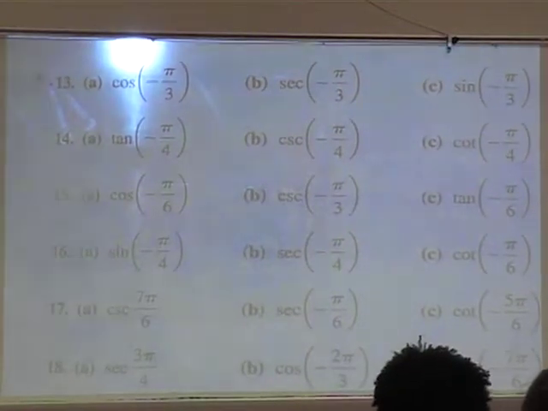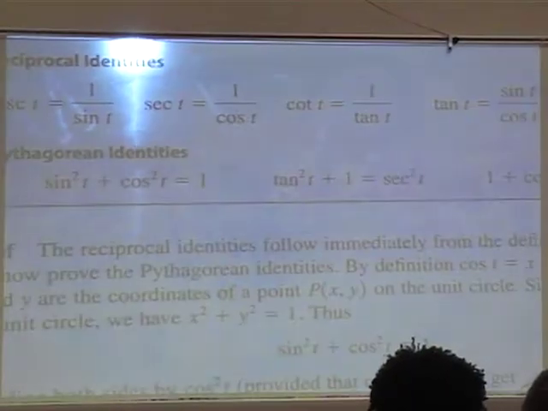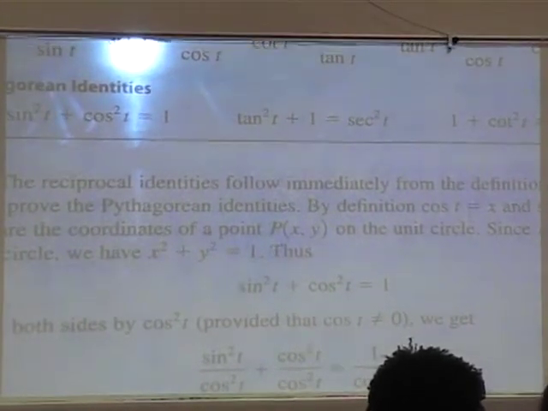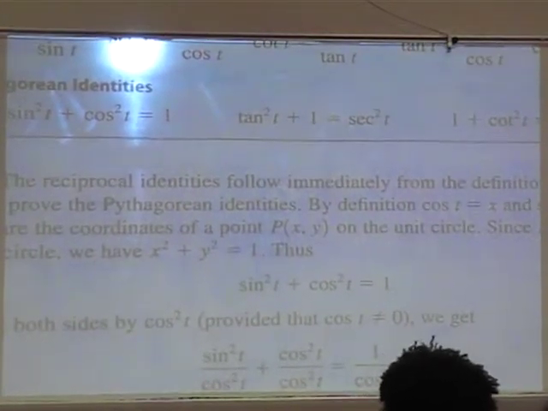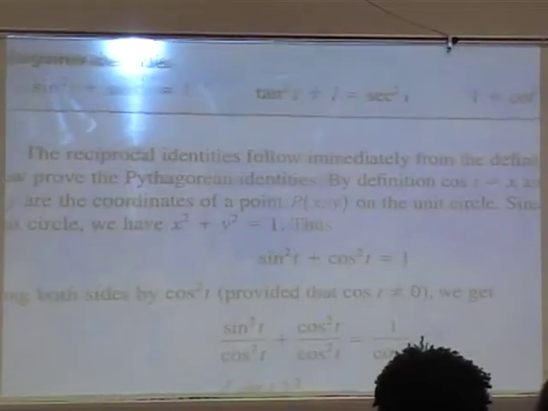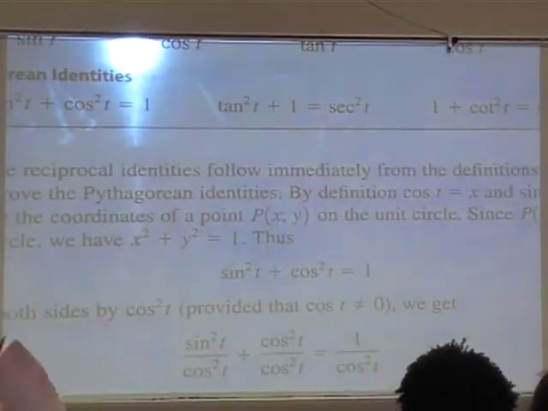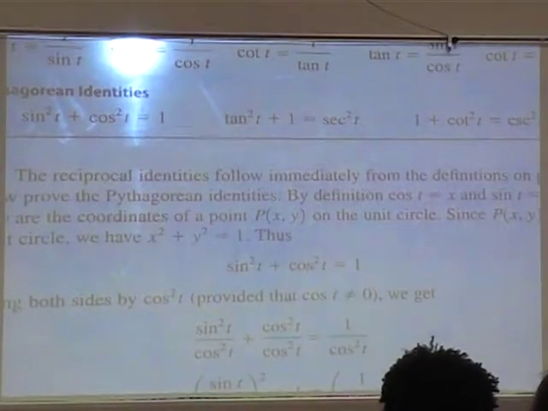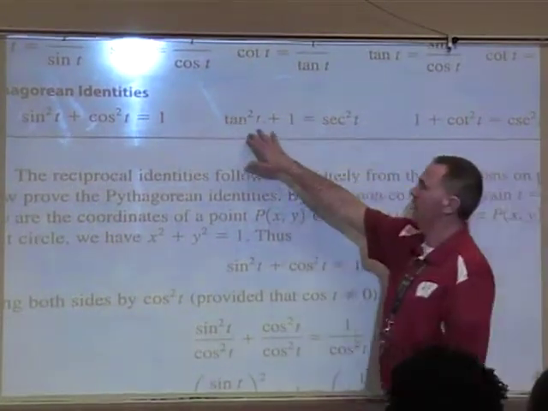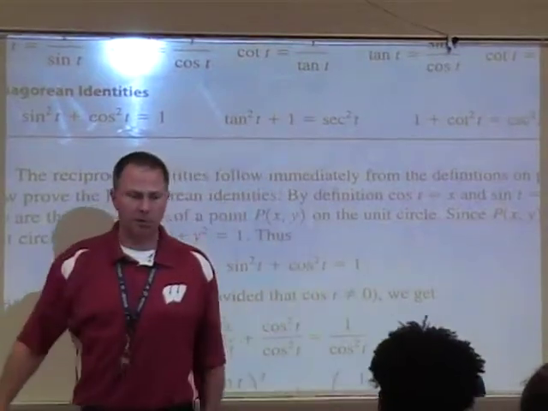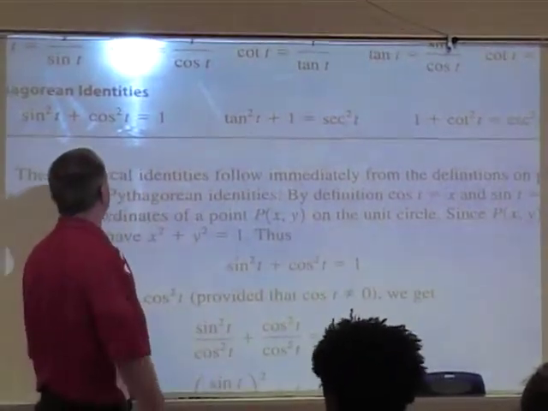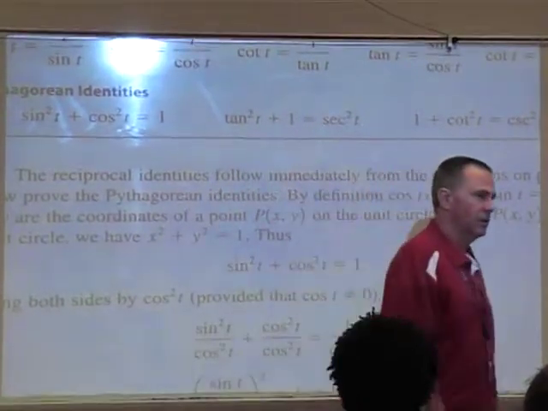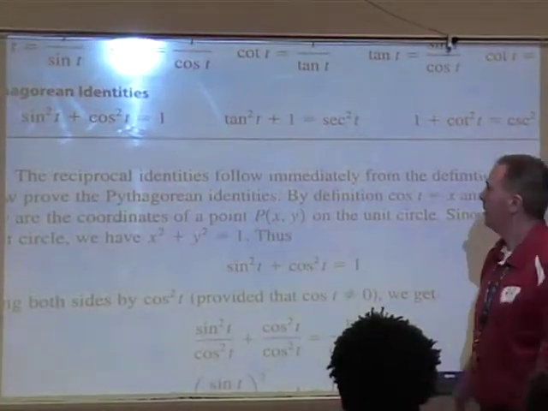First of all, put on your formula sheet your Pythagorean identities. Quickly write them down. We're going to use these today here in a little bit. Y squared plus x squared equals 1. That's just your unit circle formula.